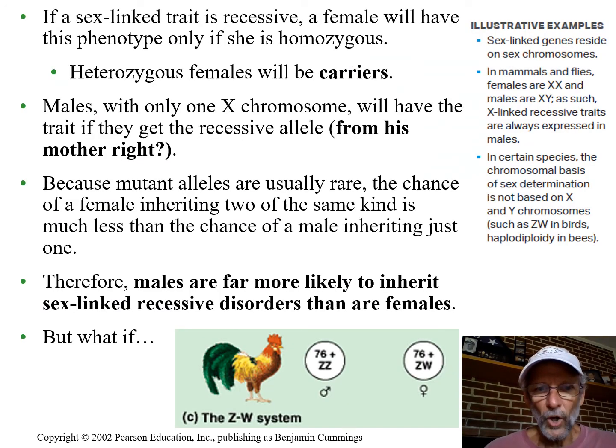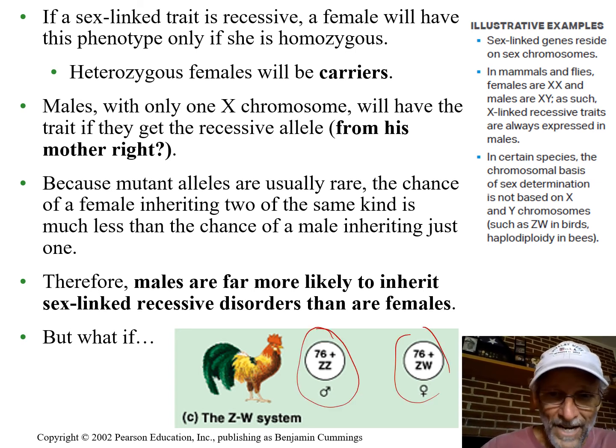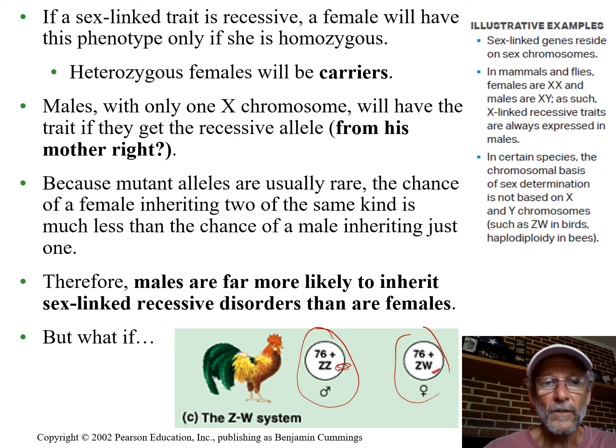Okay, so this is what I said about the fact that this could be a story where maybe the males have the 2 sex chromosomes that are the same and the females don't. So here's the idea about these sex-linked traits, whether you have this ZW system or the XY system.